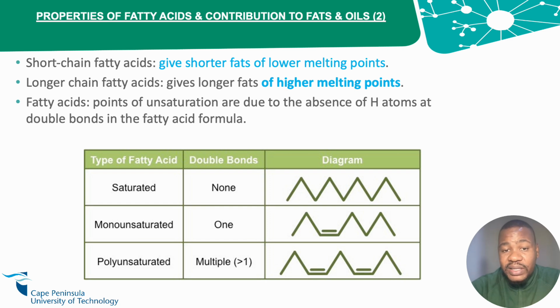The points of unsaturation are due to the absence of hydrogen atoms at the double bonds in the fatty acid formula. We can already see here, for example, a representation of a saturated fatty acid molecule. But here you've got one that is monounsaturated, one double bond. Polyunsaturated, more than one. So you've got a double bond here and a double bond over here.